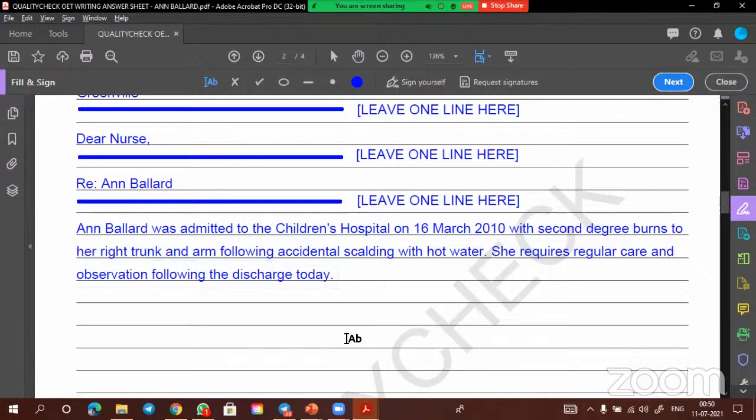So how you are going to write, it depends on you. You can change, alter the styles. This is how you are going to write the introduction.